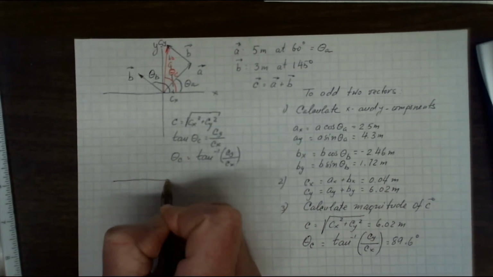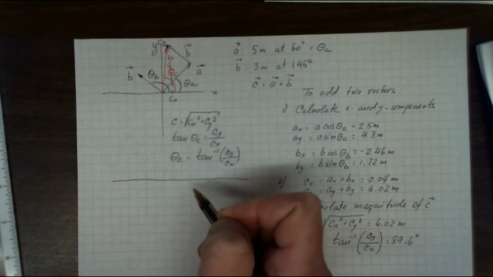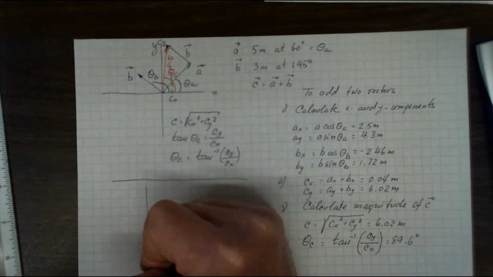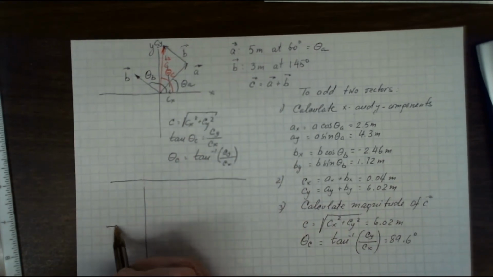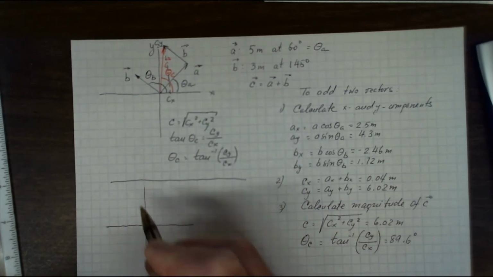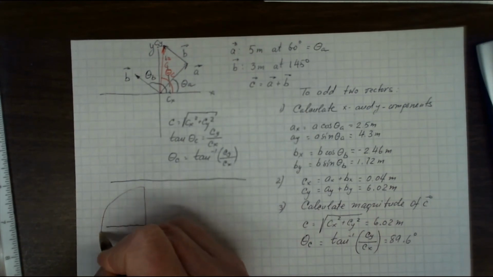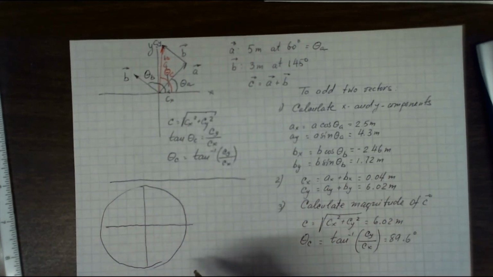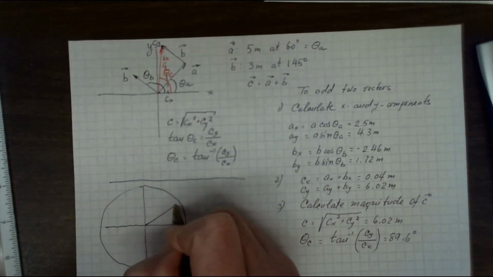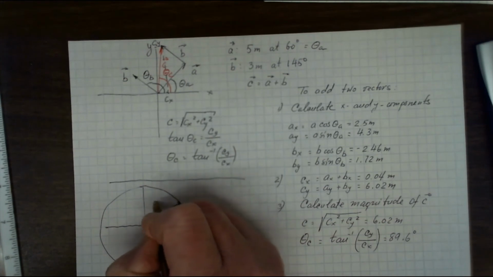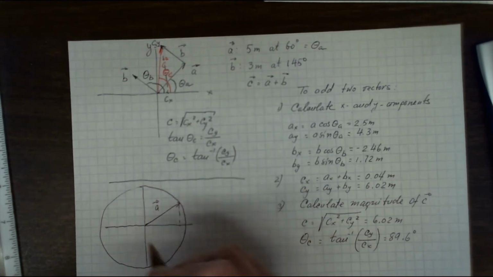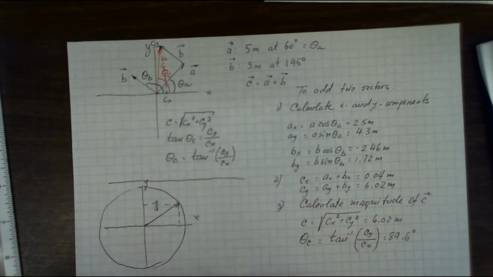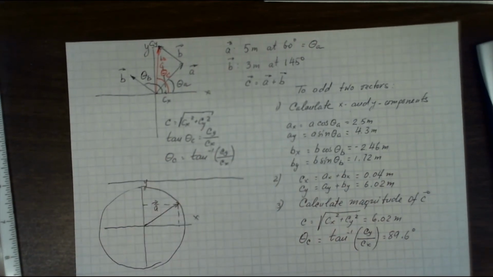Okay, just to remind you. So let's say I have a circle with radius of 1 meter. Let's say I have a vector in the first quadrant, vector A. As you can see, both components of this vector are positive numbers.